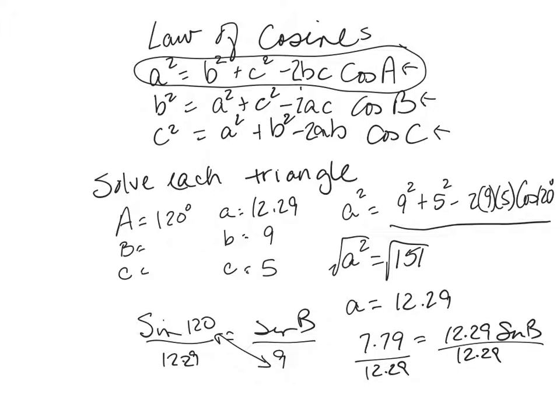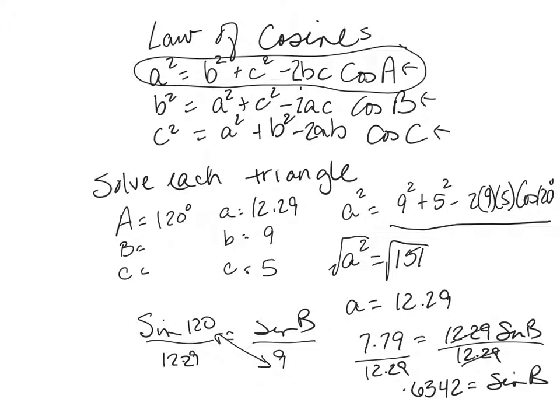What do you get? 7.79 divided by 12.29, to 4 places now, is 0.6342, equals sine of B.